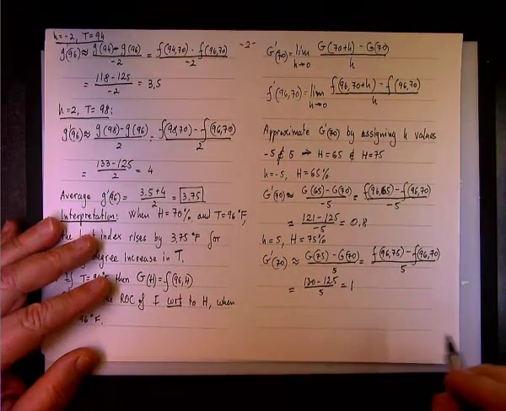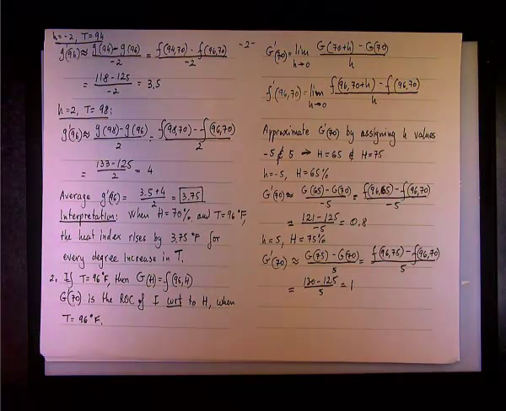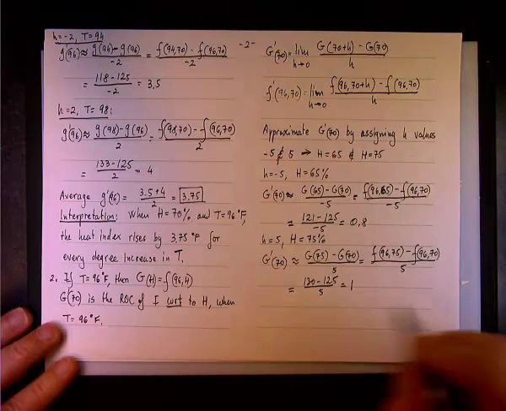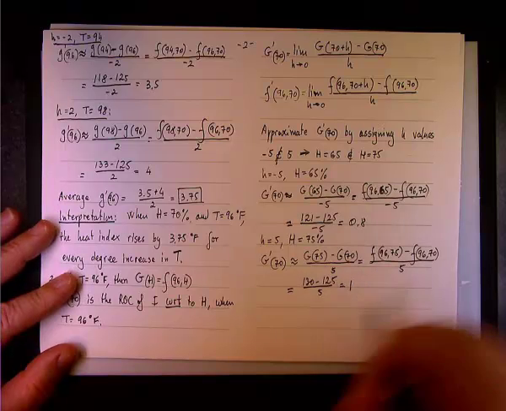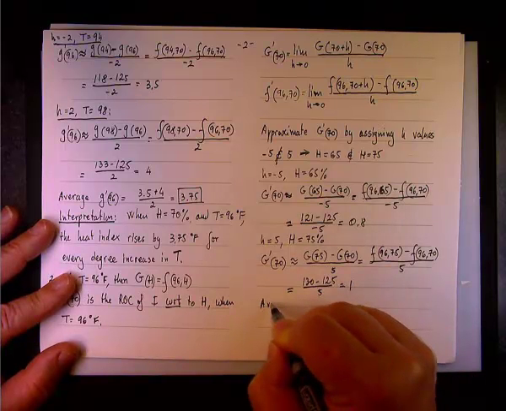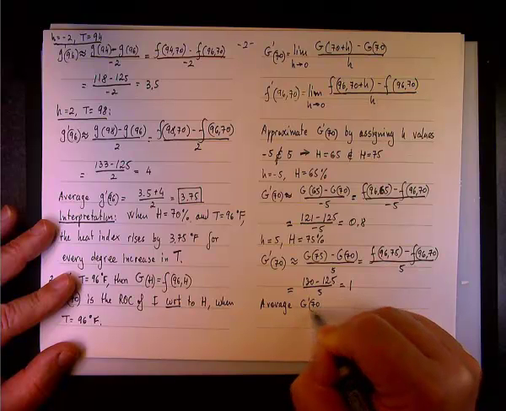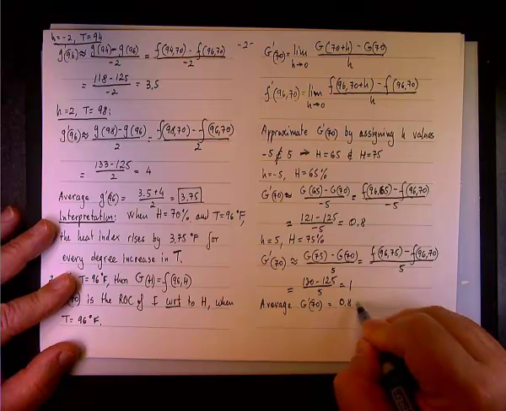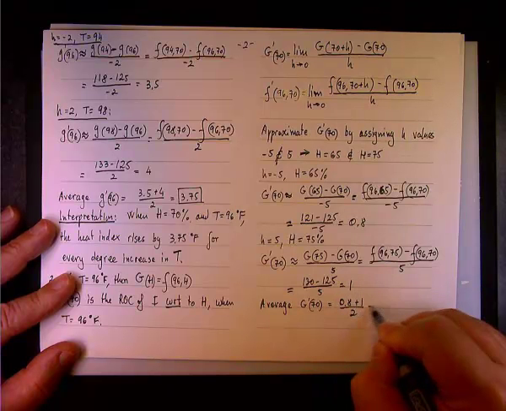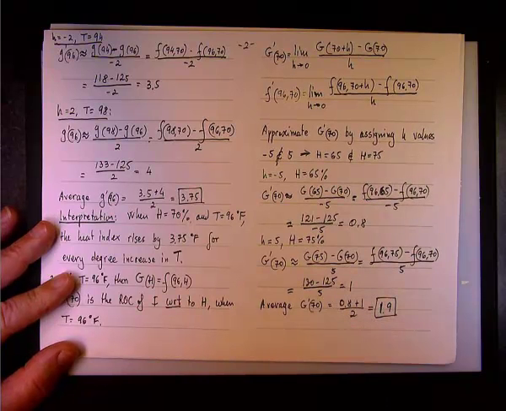In the two variable function notation, F of 96, 75 minus F of 96, 70, divided by positive 5. For 75% humidity, the heat index is 130. So we have 130 minus 125 divided by 5, and of course this is 1.